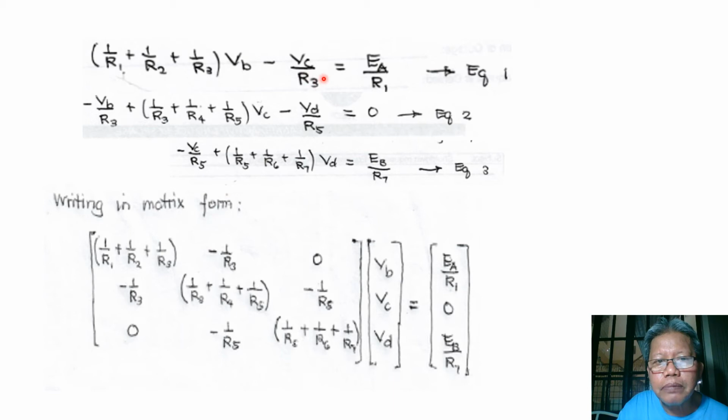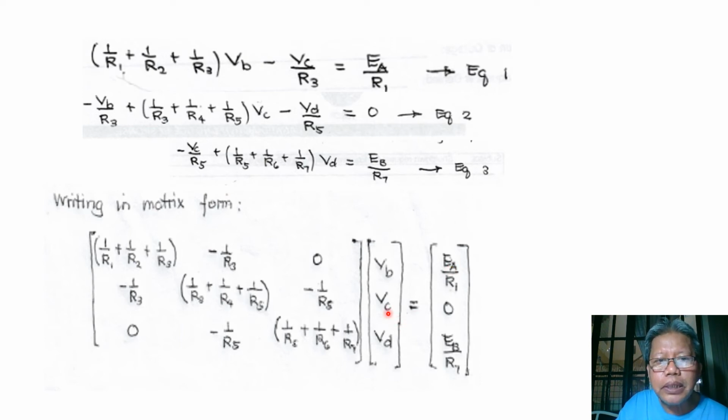And then we have no V_D in equation 1, so we have 0 times V_D. And at the right, we write the known values, which are usually the voltages. So corresponding to equation 1, at the right we have E_A over R1. E_A is usually given, so you can consider this as known.